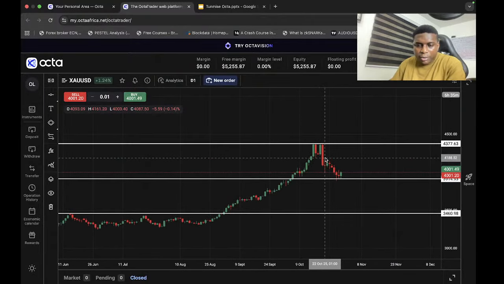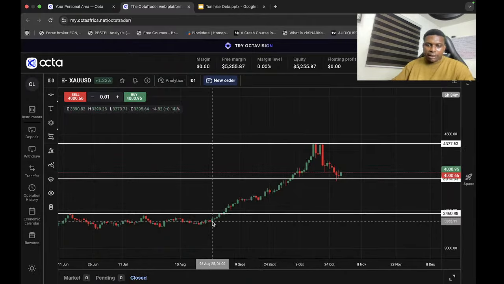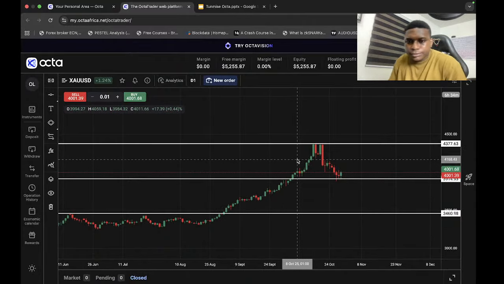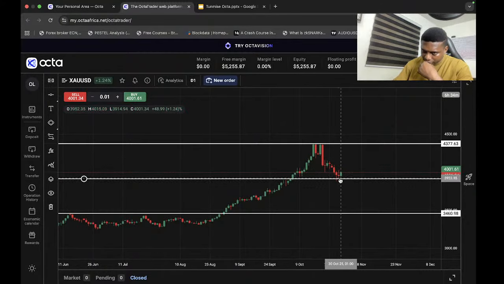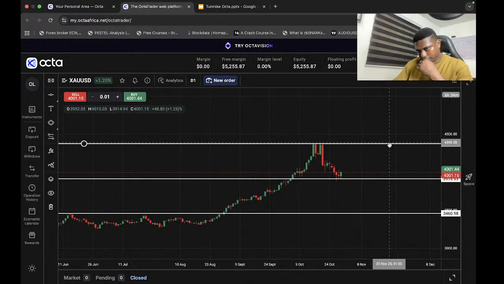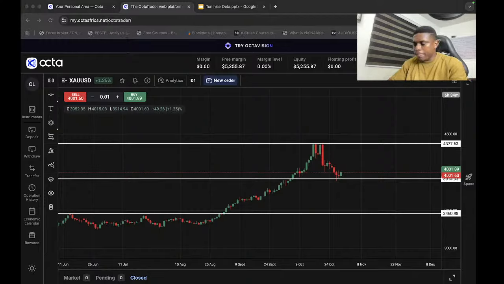All right. Now we can see that after a long ride and swing to the upside, gold had a major retrace from the 4,380 mark down to the 3,900 mark.